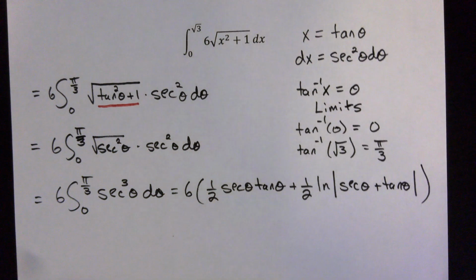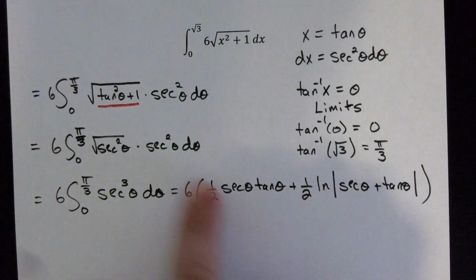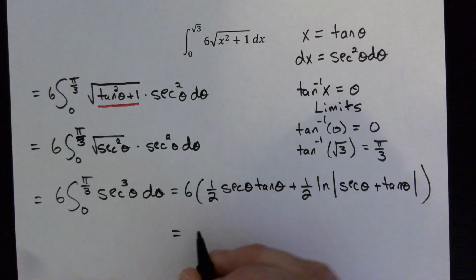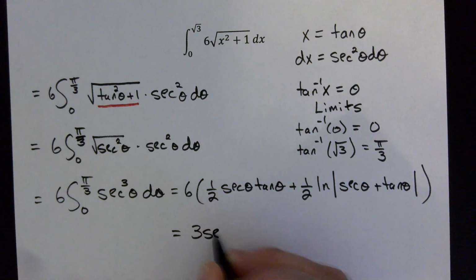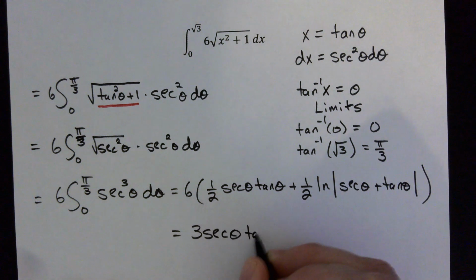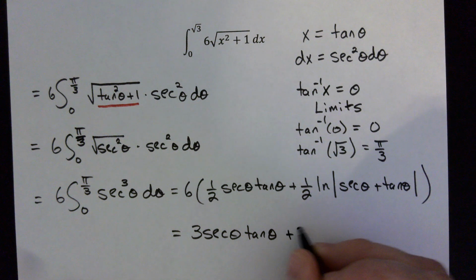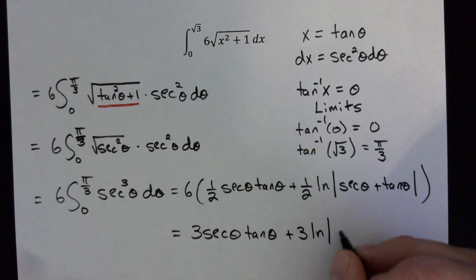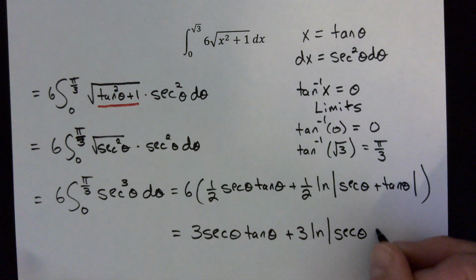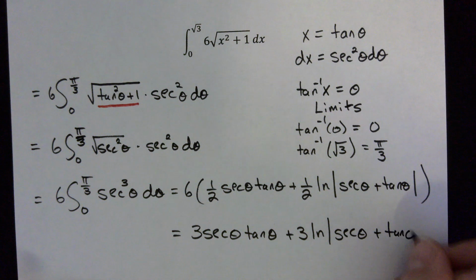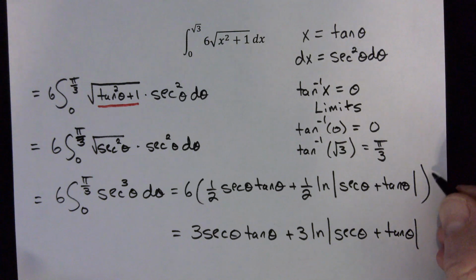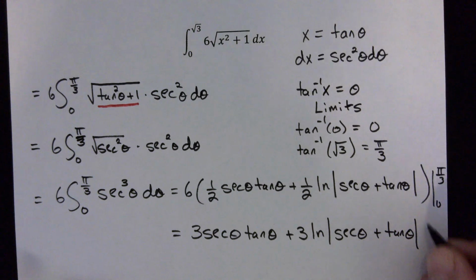When I distribute the 6 to both of these, they both get a 3. So we get 3 secant theta tangent theta plus 3 ln of secant theta plus tangent theta. I forgot to put in my limits of integration, so let's do that here: 0 to pi over 3.